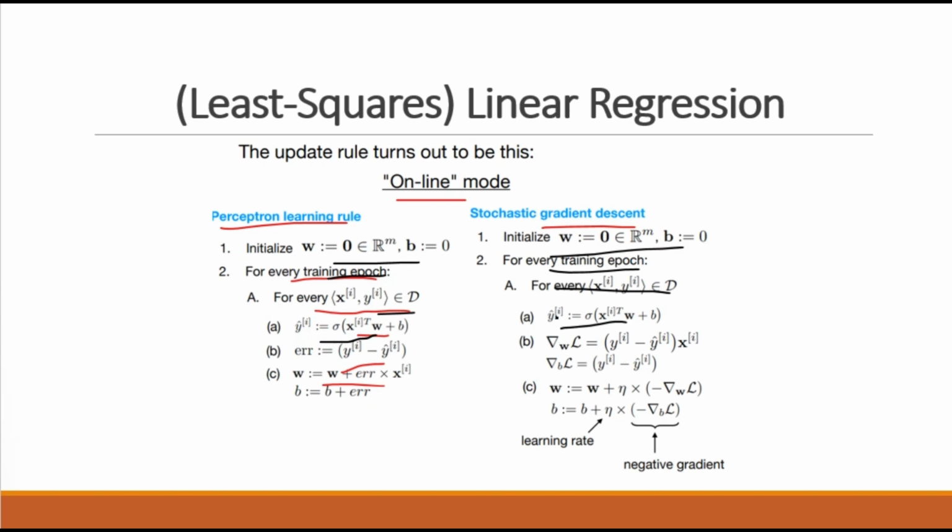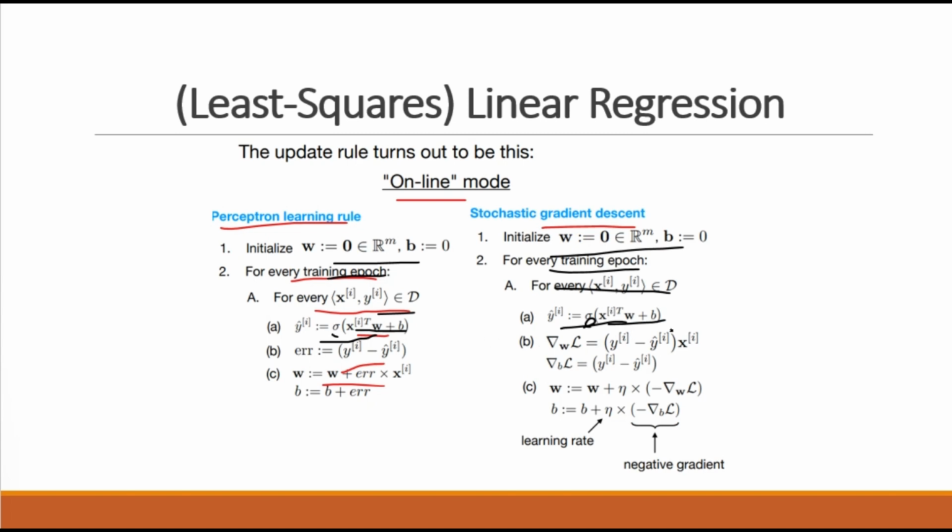Except here we have the threshold function in the perceptron, and in the stochastic case this would be an identity function. This is the threshold, and inside here this is the net input. So z, the net input, is computed exactly the same way. This function is an identity function in the case of linear regression, and a threshold function in the case of perceptron.